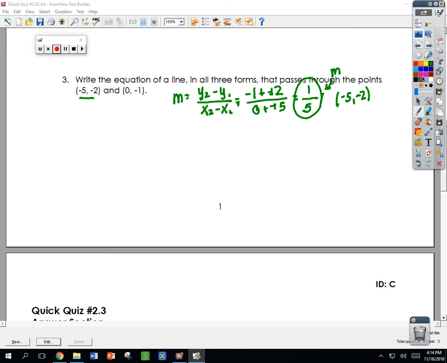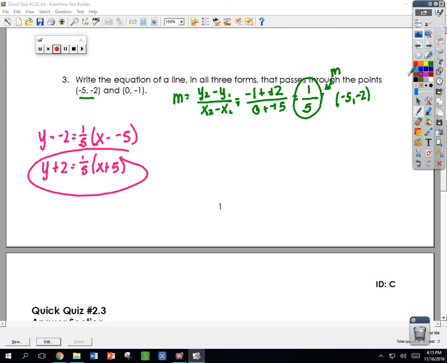Now let's go back to point slope form. Y minus y1 equals m, x minus x1. Which again, you can't leave it minus negative, so that's y plus 2. That's x plus 5. Slope intercept. Y equals mx plus b.